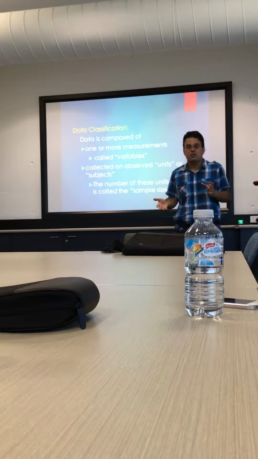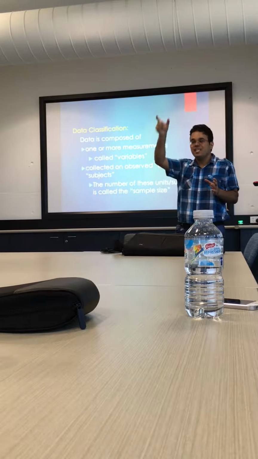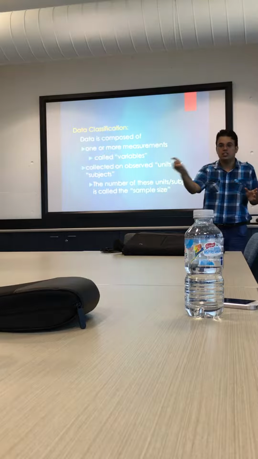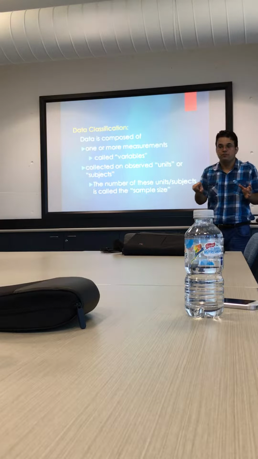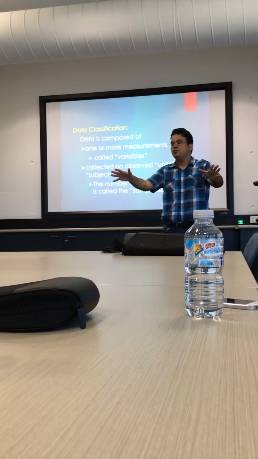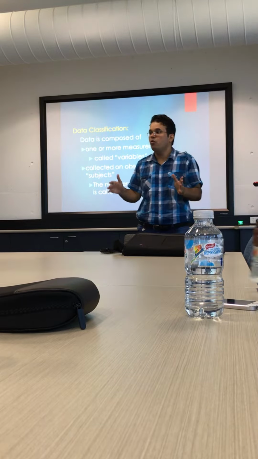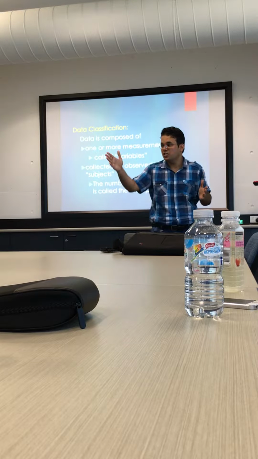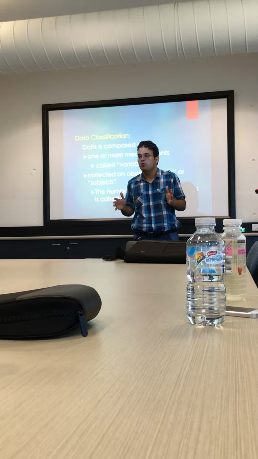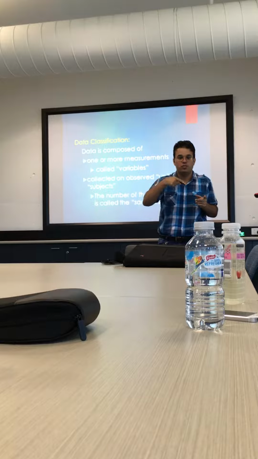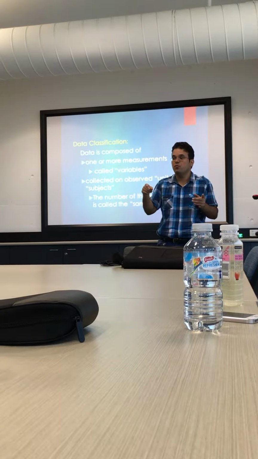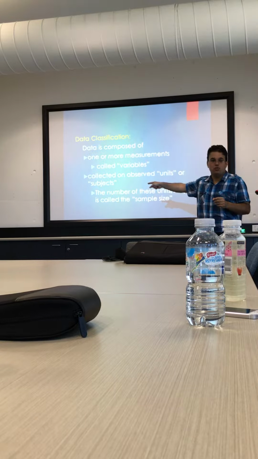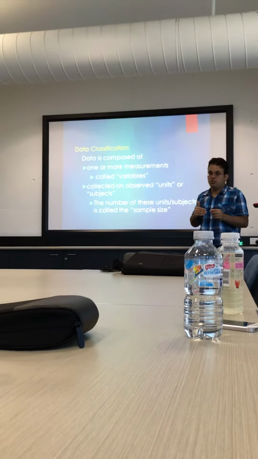In other words, variables are related to columns, and subjects are related to rows. If I'm interested now in the number of students in this room at this time, I will collect the number of students. We are six or seven people. We are the subjects, because of the number of students.